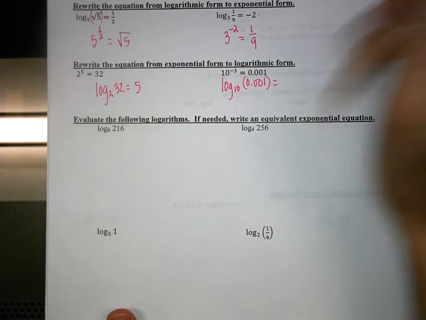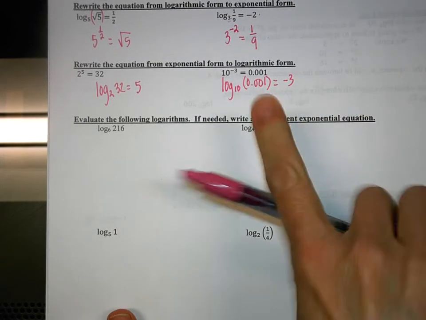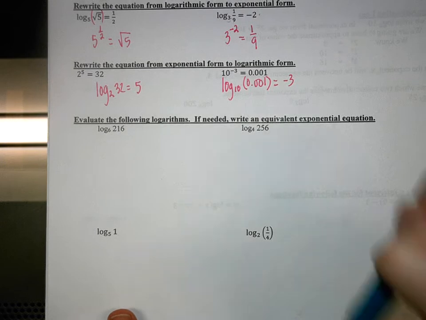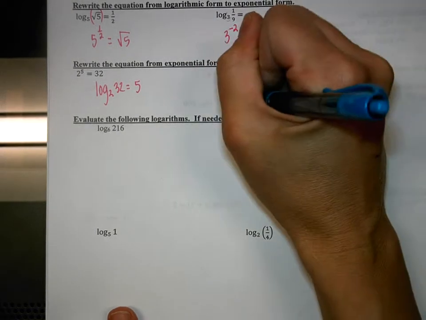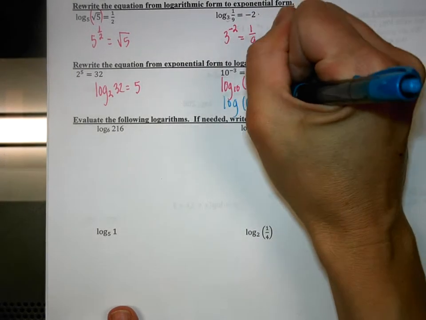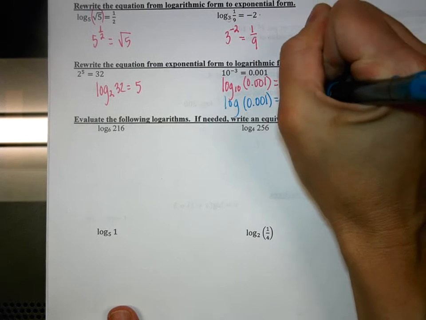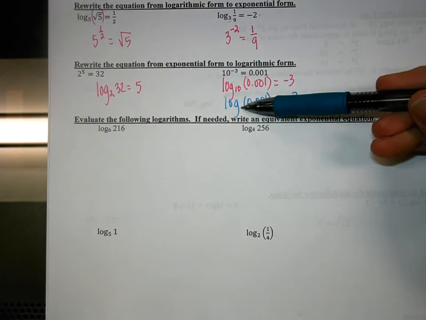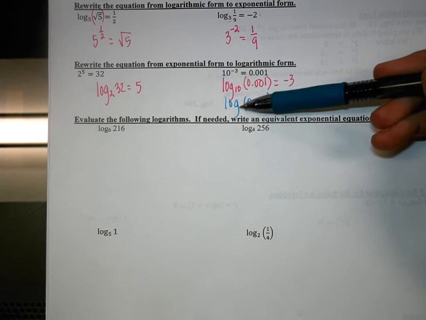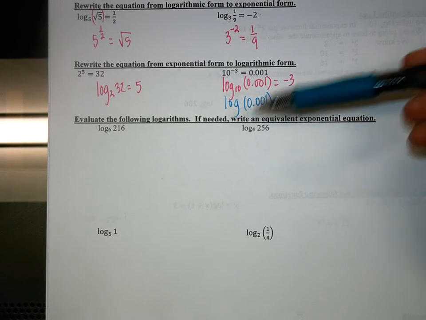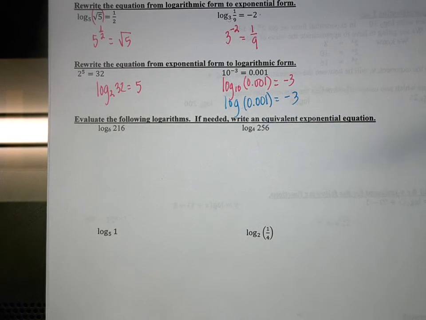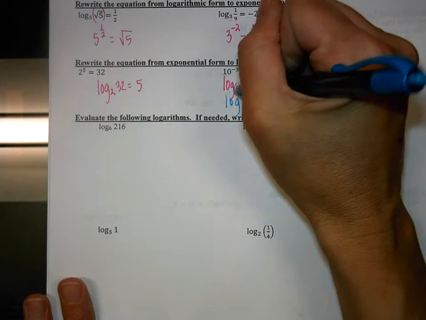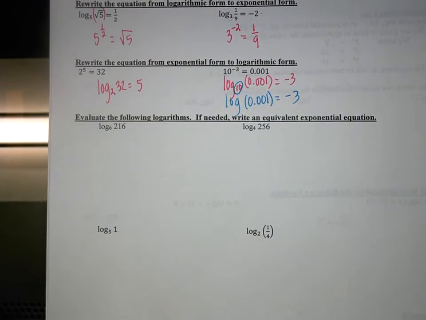Equals what? -3. So this problem could also be written as just log of 0.001 equals -3. So it just doesn't have the little base here. And so anytime it's missing the base, we know it's going to be base what? 10. Okay? But if you want to write base 10, that's fine.